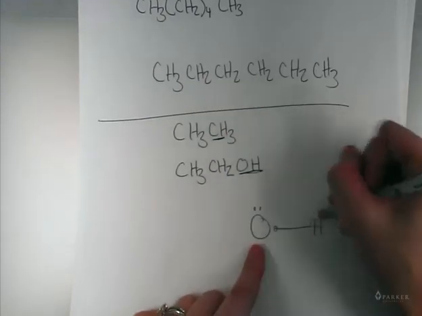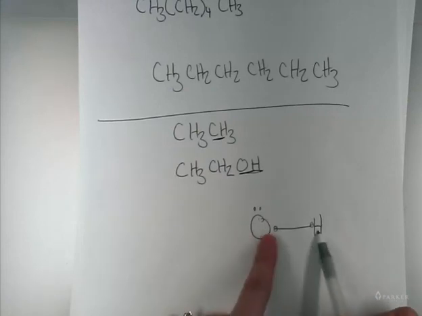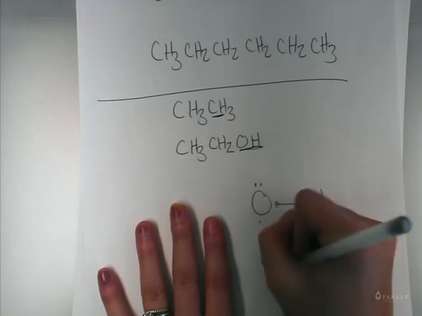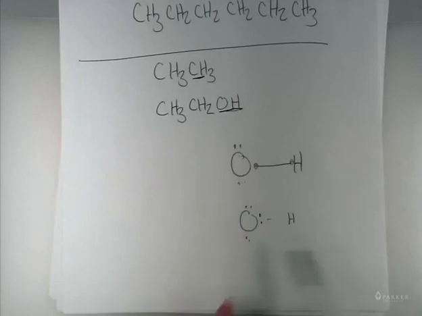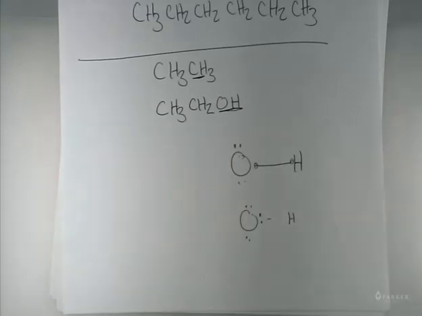So again, remember this is where that polar bond comes in, that dipole moment. This hydrogen-oxygen bond is not shared equally. It's actually more like this, with the hydrogen over here. Maybe a little bond like that. So do you see that hydrogen is already almost gone? Okay? Because oxygen is just trying to steal those electrons away for itself.